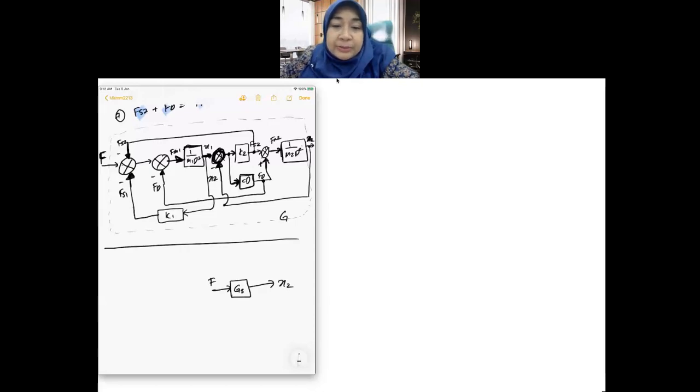So this whole block diagram that we have drawn for the last half an hour is going to be represented as one transfer function called G(s).